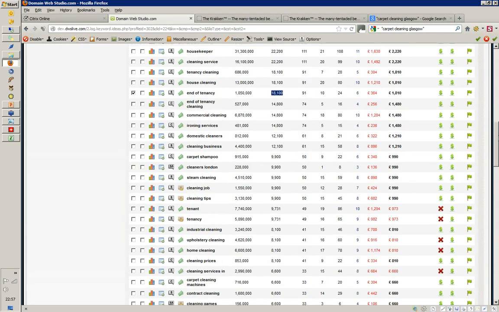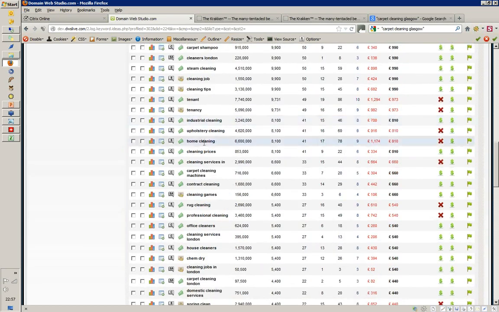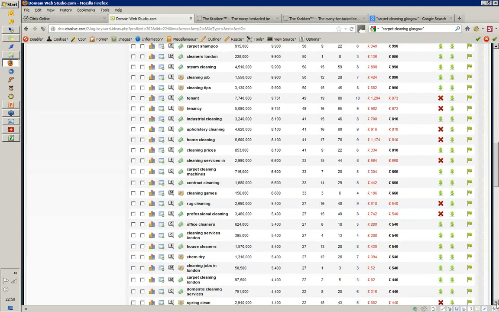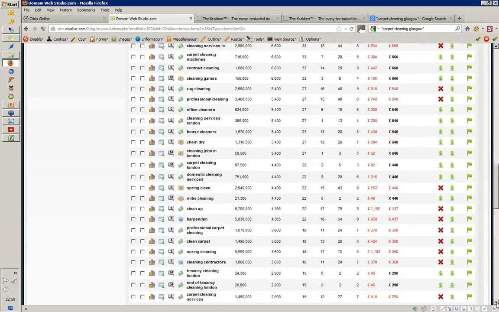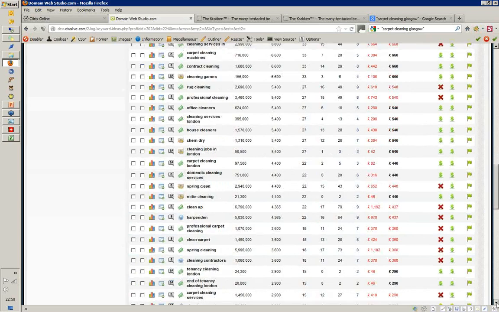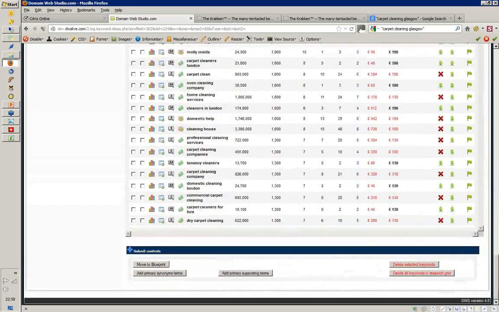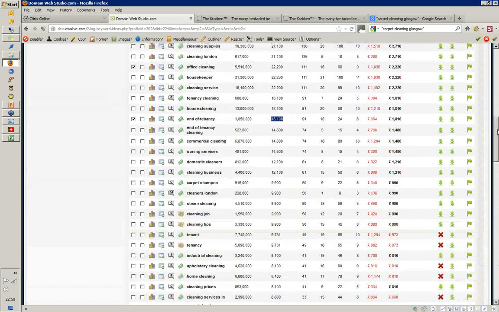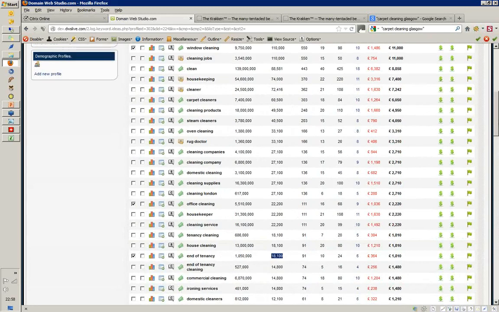And all I'm doing is going through the list and looking at the things that we can actually tap into for the cleaning for tenancy. I'm going to start at end of tenancy because I want to get this set up really quickly.